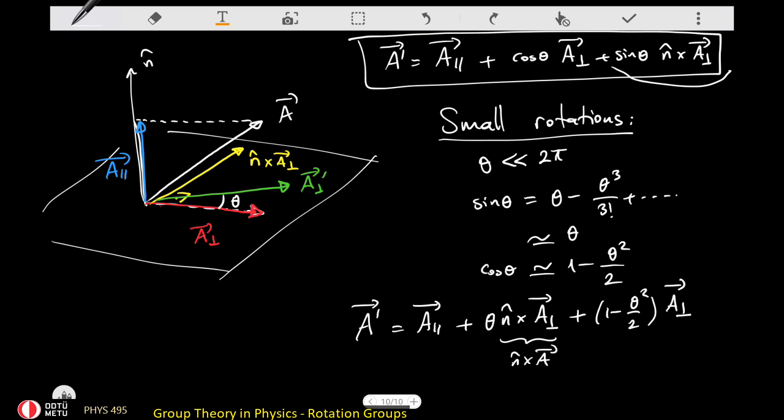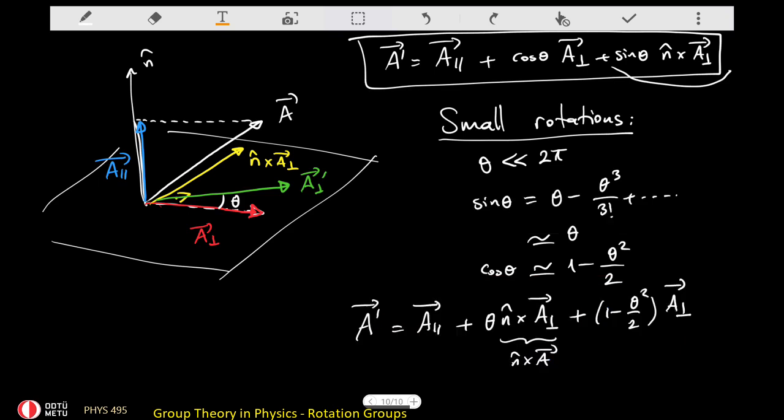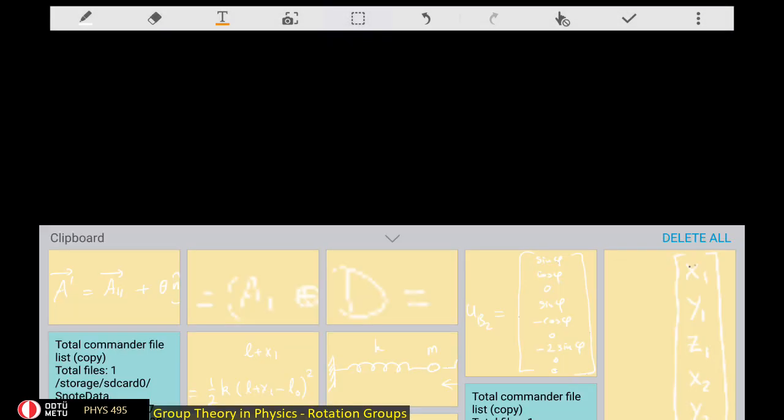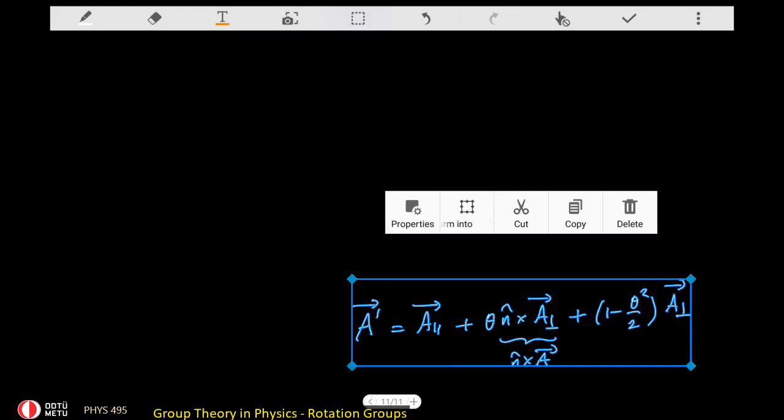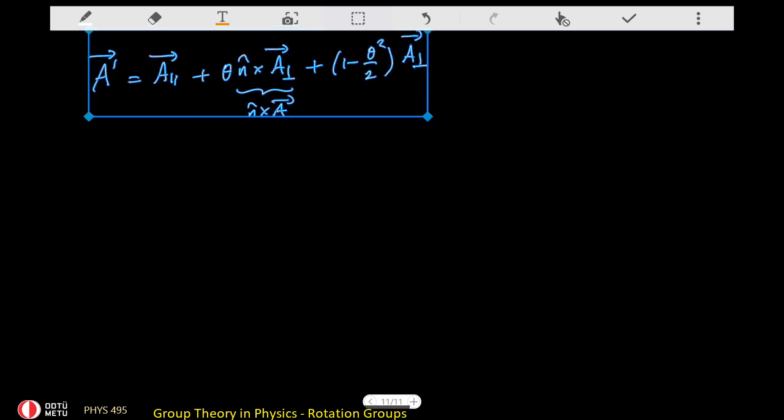I need some space for this. So as a result, let me just copy this and then pass to the next page. Right, let me correct this therefore.